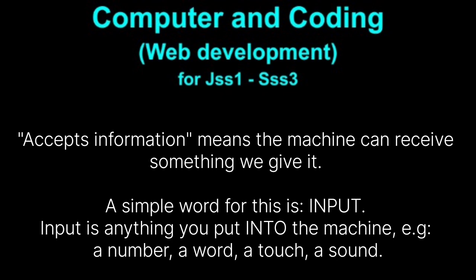So in computer terms, we call it inputting data. Anything you feed a computer, maybe a number, a word, or you touch the screen of your phone or your tablet, means you have entered an input into the computer.